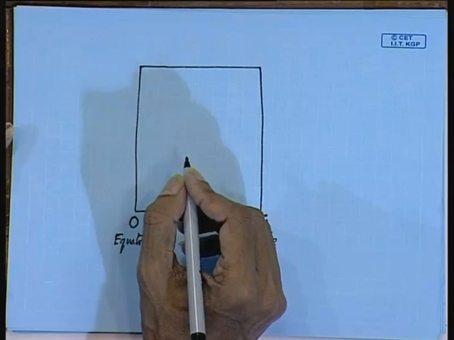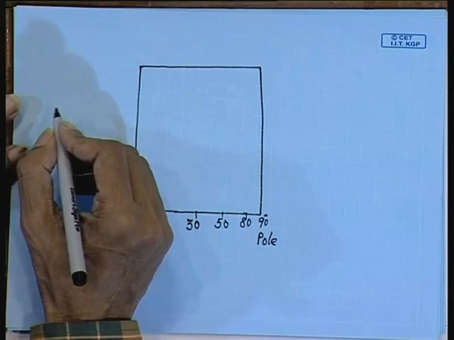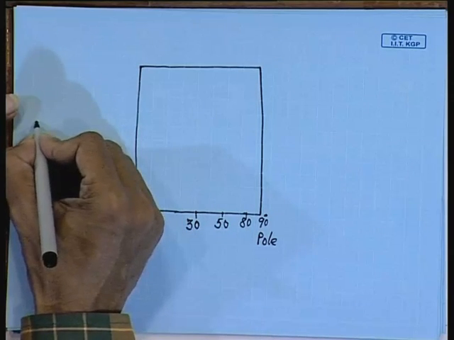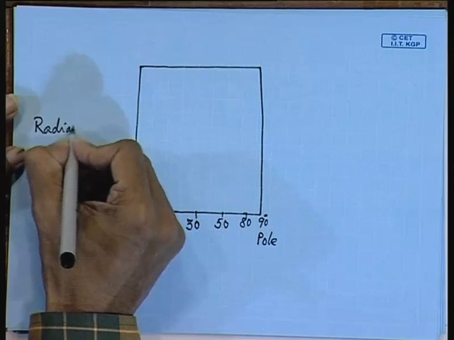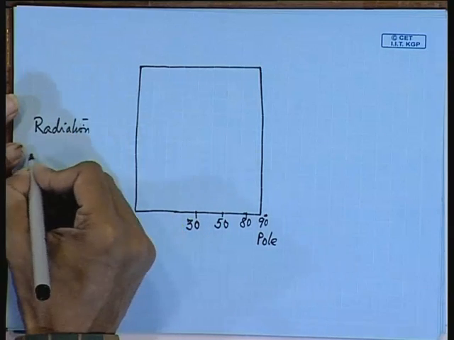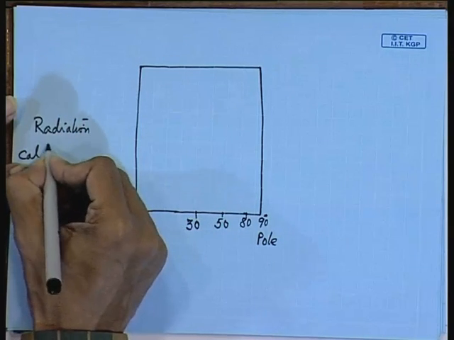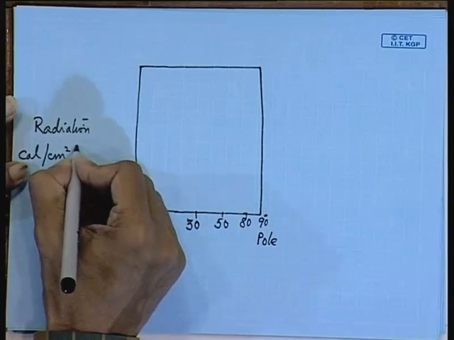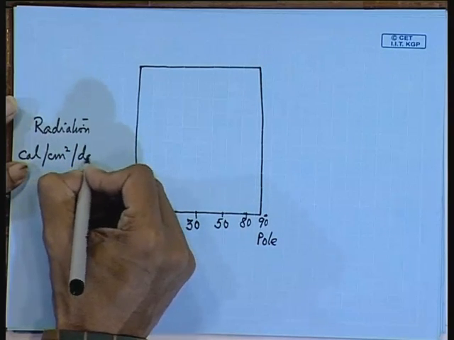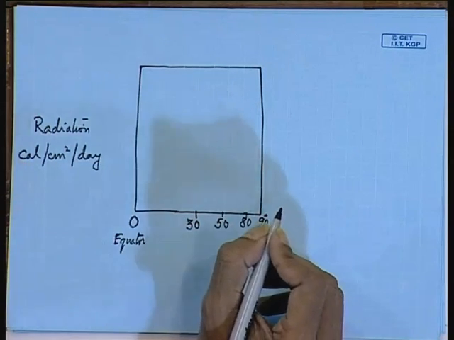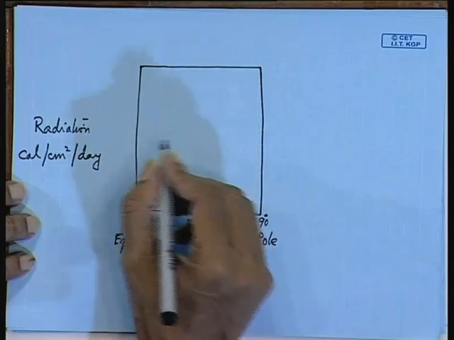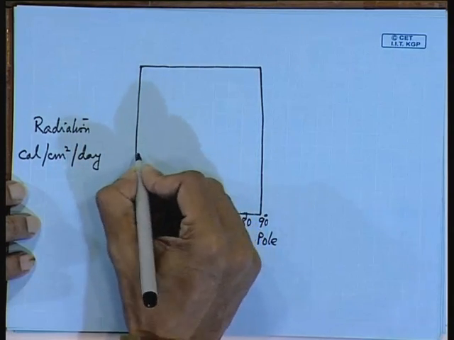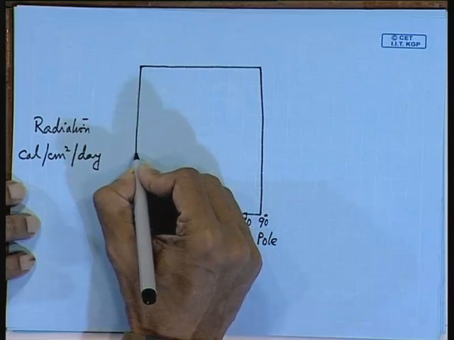Now, if you plot this, the radiation or solar radiation, you can call it, this is given in calories per centimeter square. Now, this is in days, right. The previous one I have written in minutes. So, you will find this starts somewhere, 100 is the minimum.